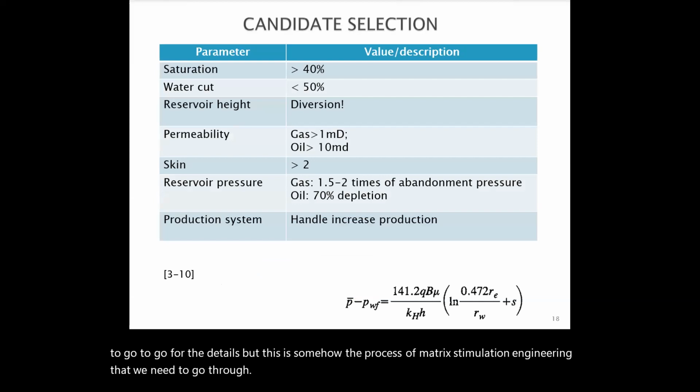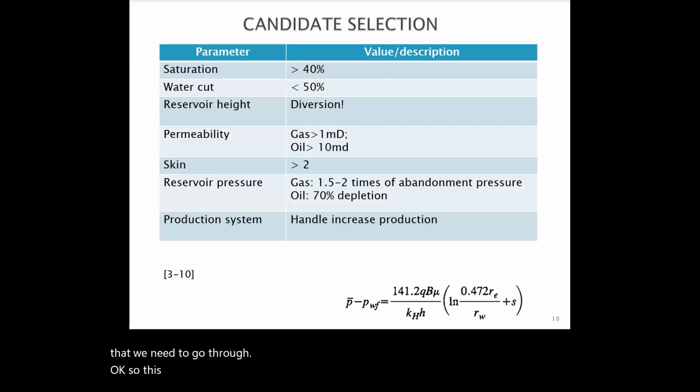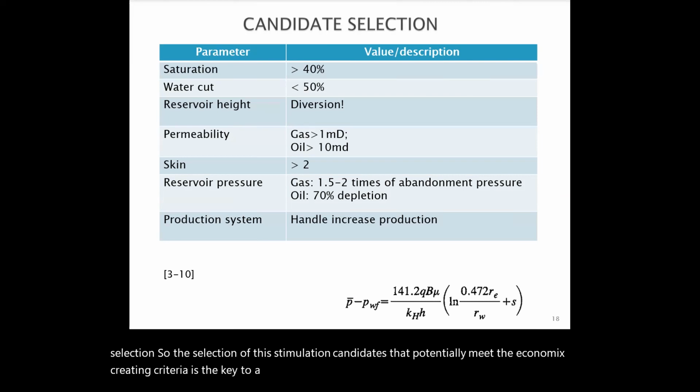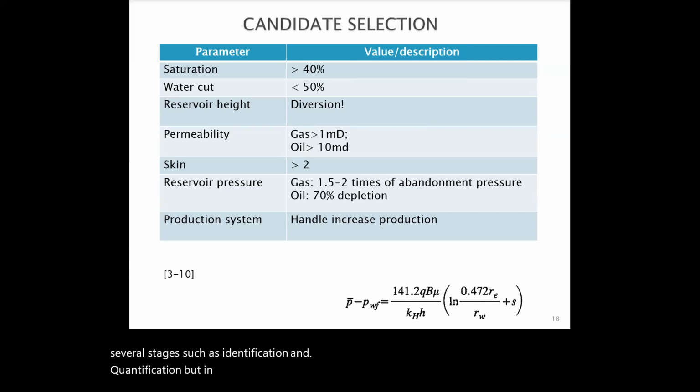Okay, so this table shows you the main parameters that can be used for candidate selection. The selection of the stimulation candidates that potentially meet the economic screening criteria is the key to a successful stimulation campaign. So this involves several stages, such as identification and quantification. In this table, as you can see, it summarizes typical values for the minimum requirement for a successful stimulation treatment.